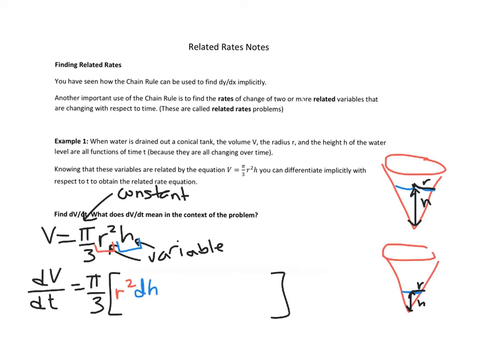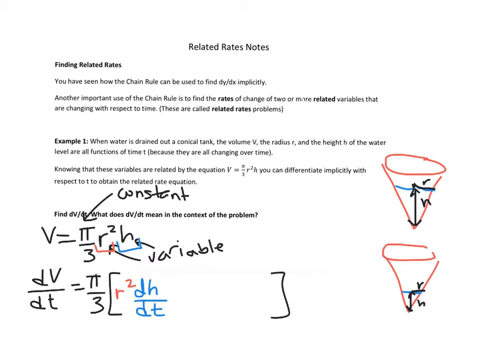We're taking the derivative over time, so it's going to be a dh/dt. Because my h is not a t, I'm going to have to use implicit differentiation and keep it written as dh/dt.